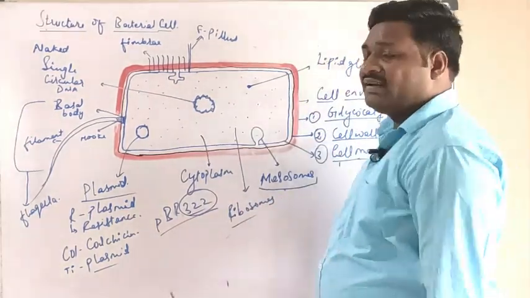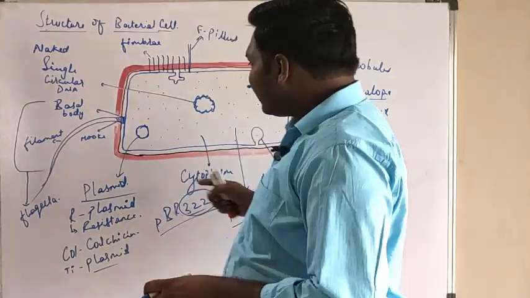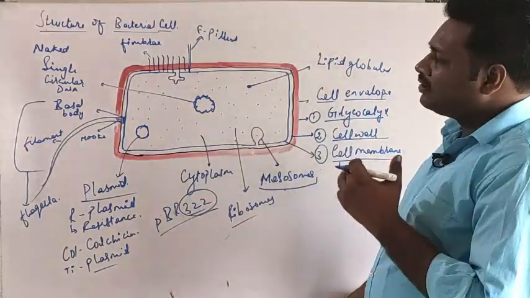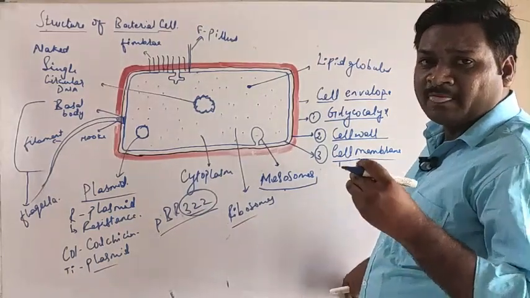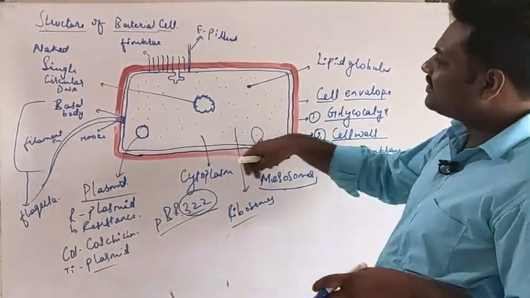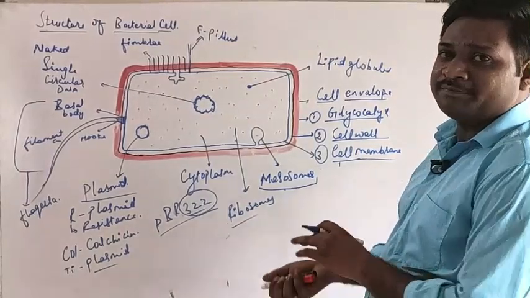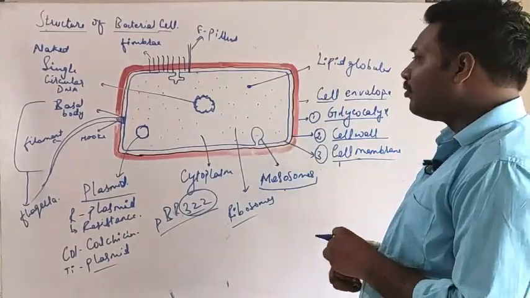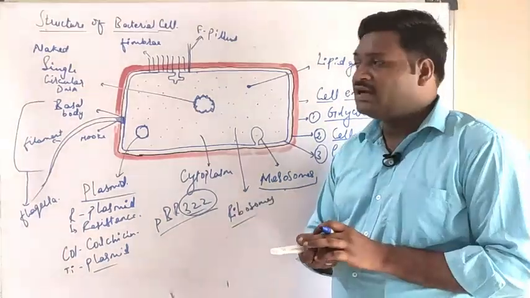So this is the structure of bacteria, and generally this is the structure of a rod shaped bacteria. We can also consider cocci shaped bacteria, Vibrio; all may have similar structures.